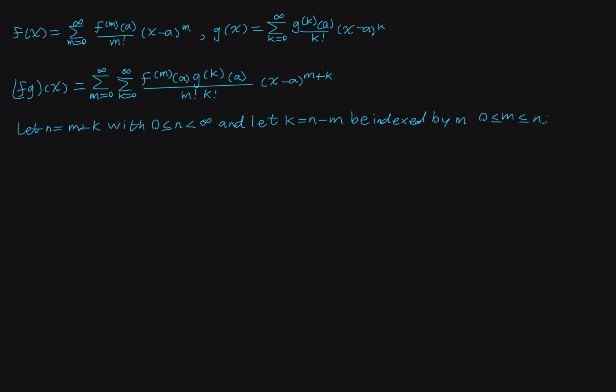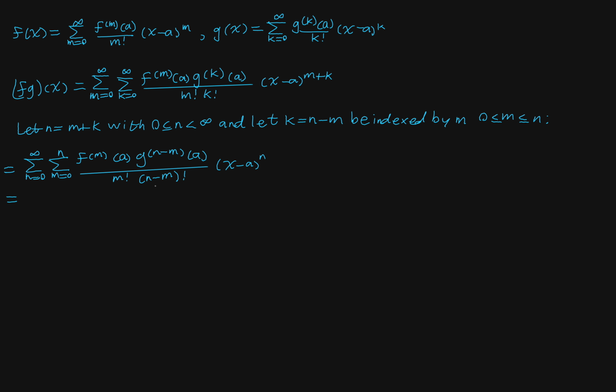Okay? So now we can rewrite this double sum as the sum from n equals 0 to infinity of the sum m from 0 to n of the mth derivative of f at a times the (n minus m)th derivative of g at a over m factorial times (n minus m) factorial times (x minus a)^n.